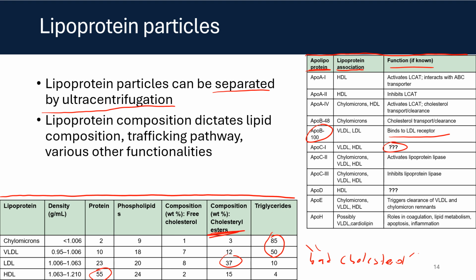I don't expect you to know all of the apolipoproteins and what they do. The important ones we'll mention in the following slides. Just be generally aware that there are many and that they serve as postage for the lipoprotein particles and all the contents they contain.